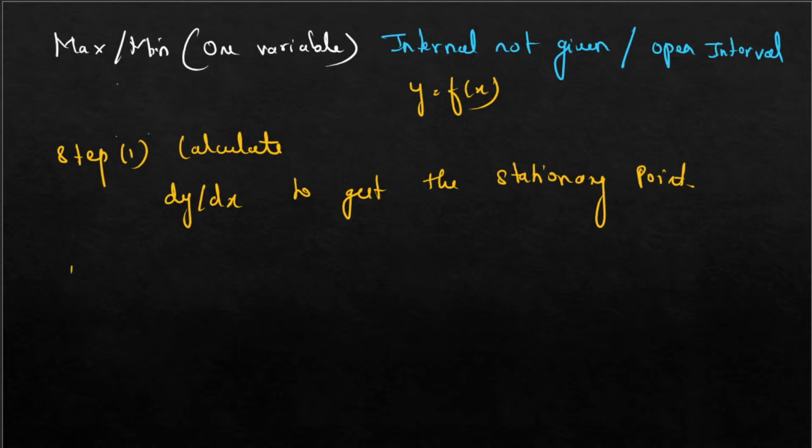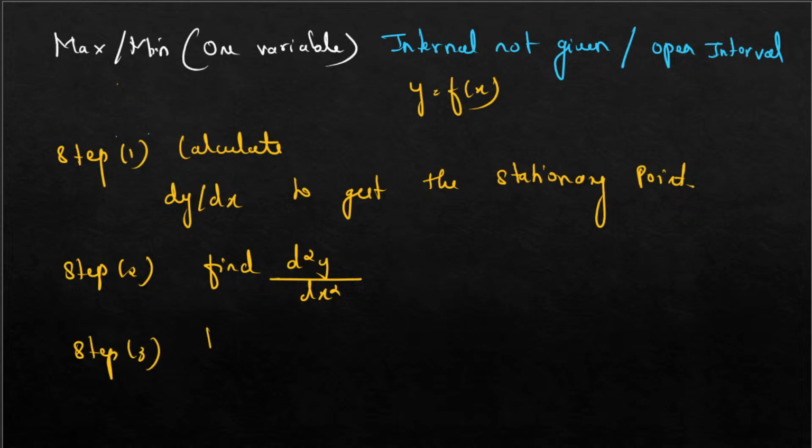Step 2 is to find d square y by dx square. After that, step 3 is to evaluate d square y by dx square at x equals x0, where x0 is the stationary point.